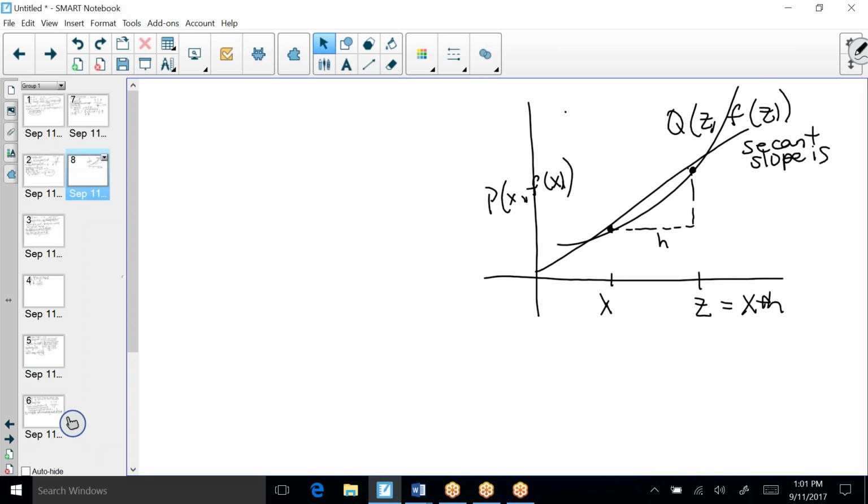That's the change of our y values, this y value and this y value. So f of z minus f of x divided by the change of our x values, z minus x. So same concept that we've been dealing with for about 3 sections now.